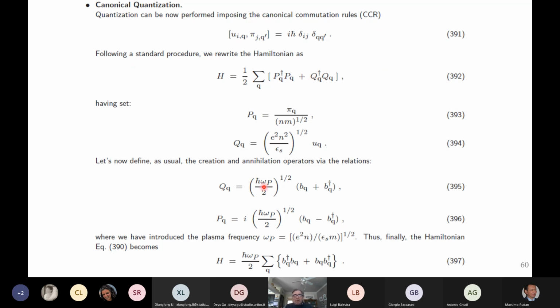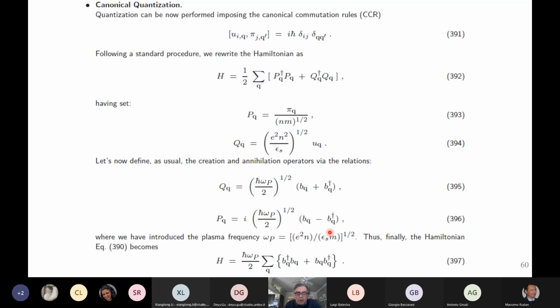Okay, now, and that's a trick that we will be using constantly, I define some operators B and B daggers in this way. You can invert it and see how B and B dagger become functions of P and Q and their daggers, okay?